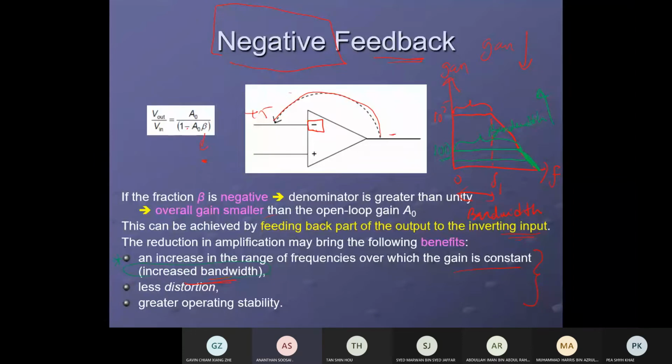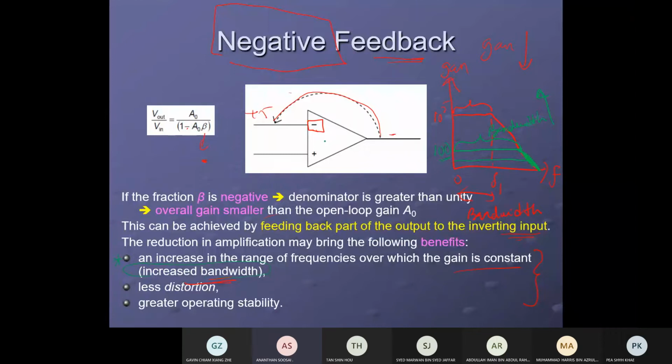When bandwidth is greater, we say the op amp is more reliable. Any frequency you input is going to be amplified by the gain set in the operational amplifier.